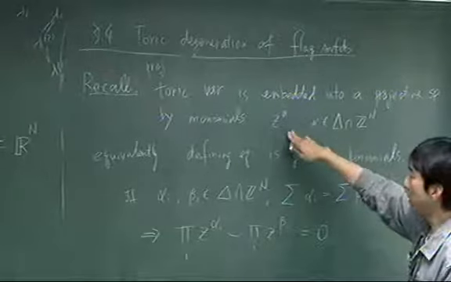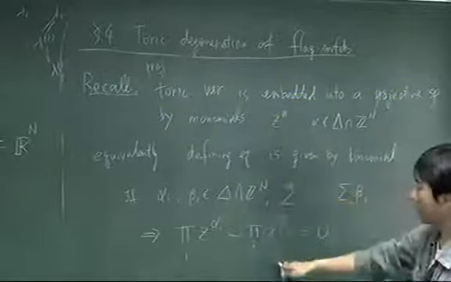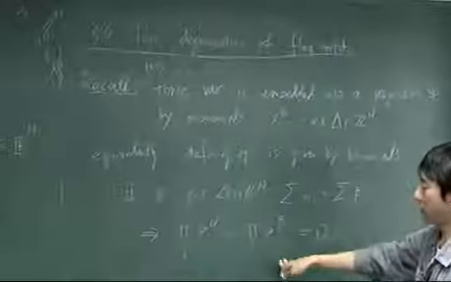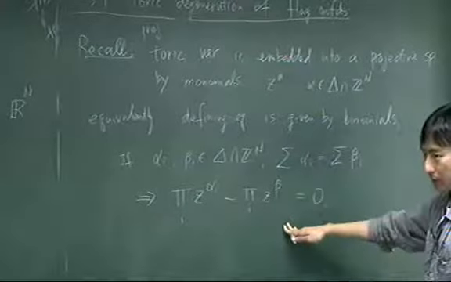So the monomials are generators of the graded coordinate ring, and these binomials are the generators of the defining ideal for the toric variety.